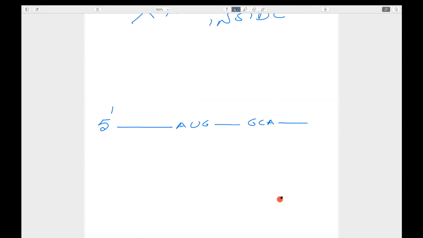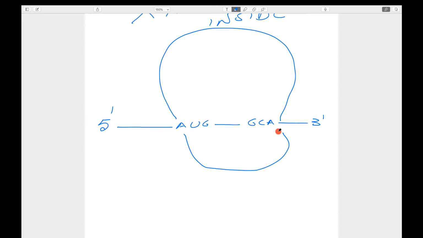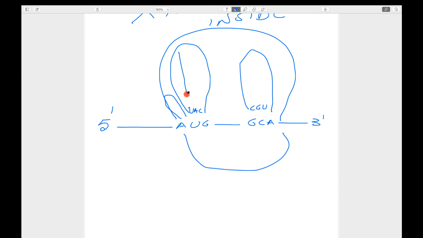Okay, the last one is this. Here there is the P site, there is the A site, this is the exit site. Here UAC, here it is CGU. Here we have the formyl methionine, then here we have alanine.